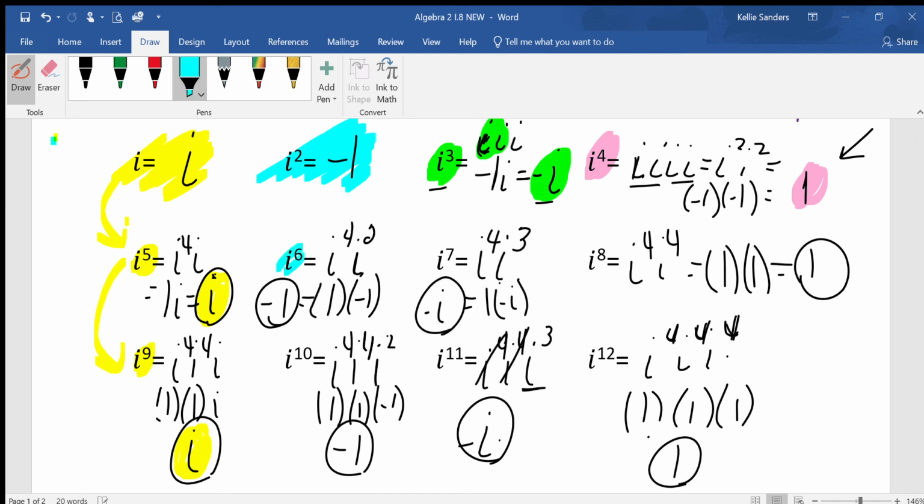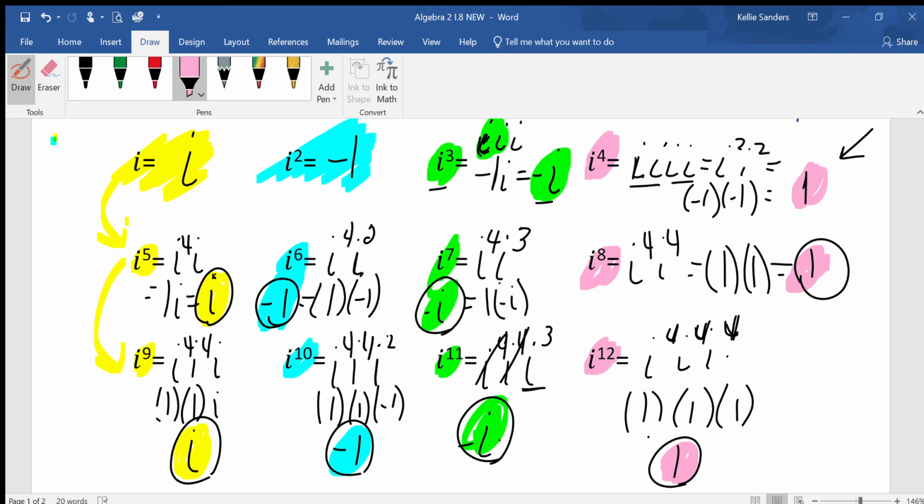Same thing with i to the 6th is negative 1. i to the 10th is negative 1. i to the 7th is negative 1. i to the 11th is negative 1. i to the 8th, we don't have any remainders, do we? i to the 12th, we don't have any remainders.